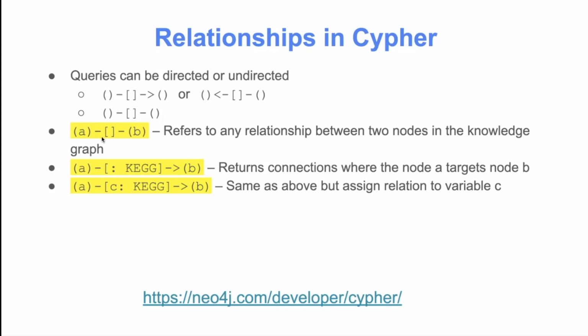And if we don't have any filter for relationship, we can also remove this. We just have parenthesis A dash dash parenthesis B. And then this one, we're trying to return connection, wherein the label is KEGG, and this one just assigns whatever matches here to the variable C.